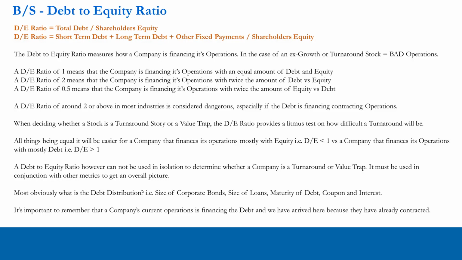And a debt to equity ratio of 0.5 means the company is financing its operations with twice the amount of equity versus debt. Now, a debt to equity ratio of around 2 or above in most industries is considered dangerous, especially if the debt is financing a contracting business, so contracting operations.